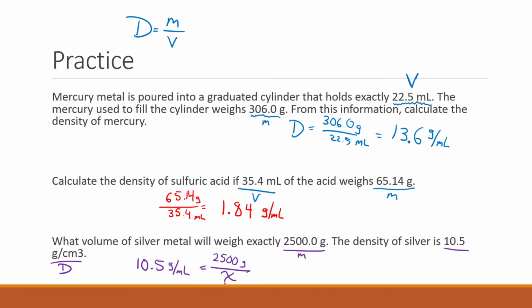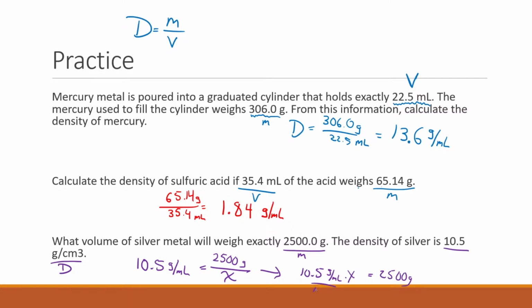So here we're going to actually cross multiply. 10.5 grams per milliliter times x equals 2,500 grams.